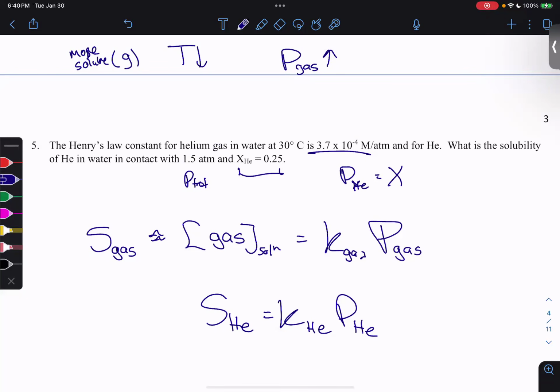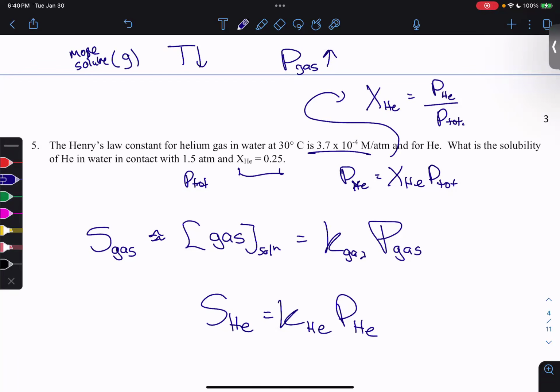So X helium times P total. Hopefully that equation looks familiar. Yes. Because rearrange it. Remember how we calculated mole fraction in the gas phase? We rearrange things where mole fraction of helium is equal to partial pressure of helium over P total. Doesn't that look familiar?